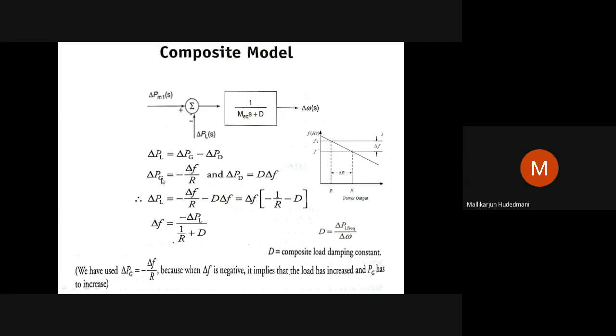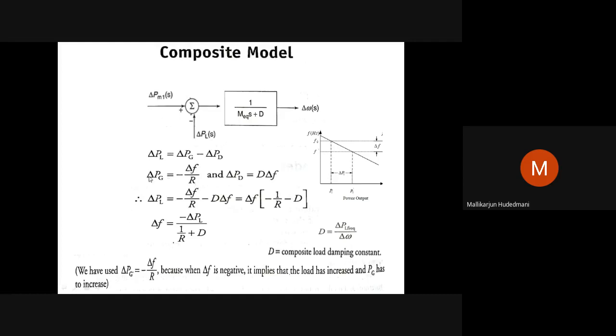The share taken by the generator for the drop of frequency is delta F by R. The droop comes into the picture. How much is the incremental power changed by the generator for a drop in frequency to be addressed? That is delta F by R.